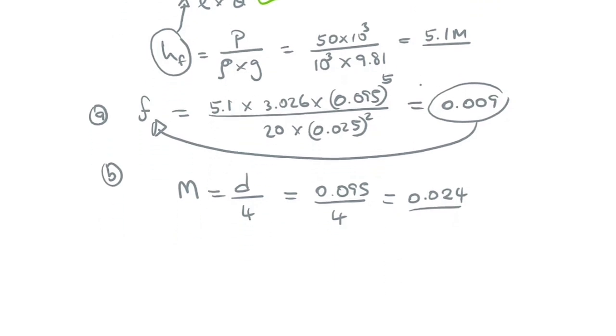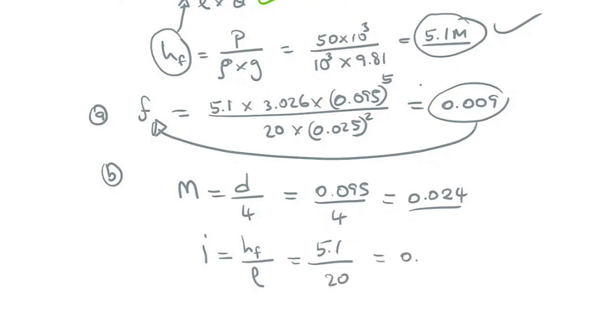Then let us proceed now to find the hydraulic gradient, which is I. To find this I, we have to use this formula, which is HF divided by the length. That HF that we have found on top is 5.1, divided by the length which is 20, giving 0.255.